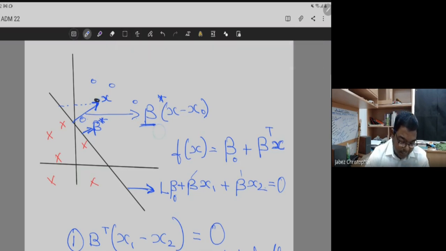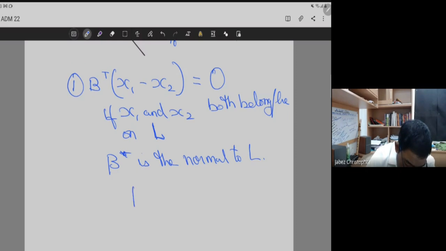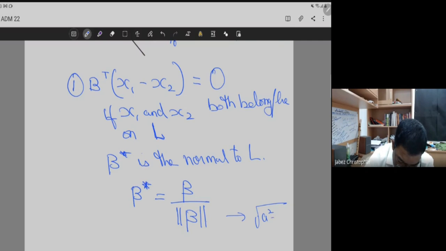So if a point lies on the line, it is going to be 0. And from this I can get that beta star is the normal to L. So beta star is actually the Euclidean root of a square plus b square, the coefficients.